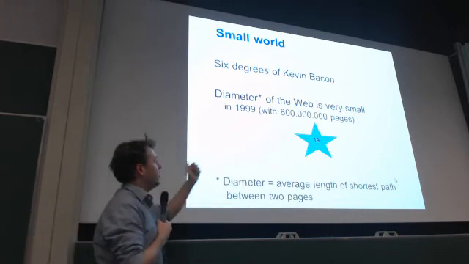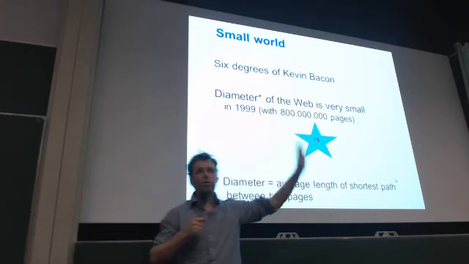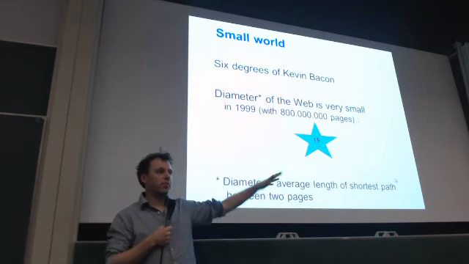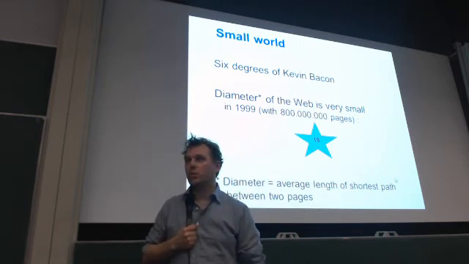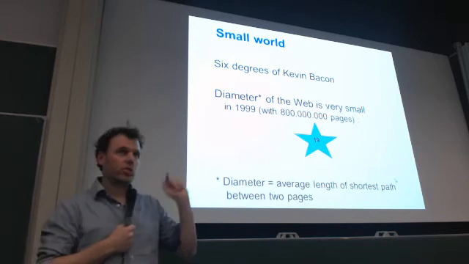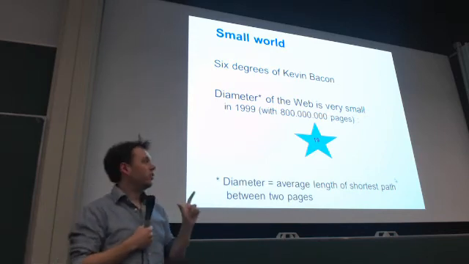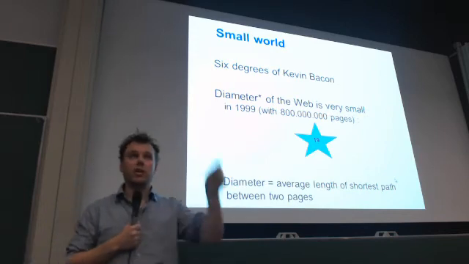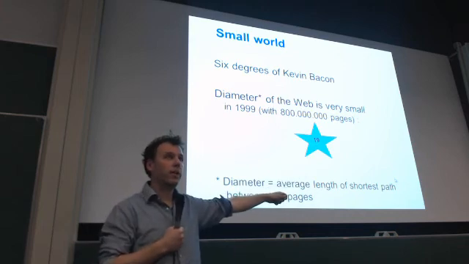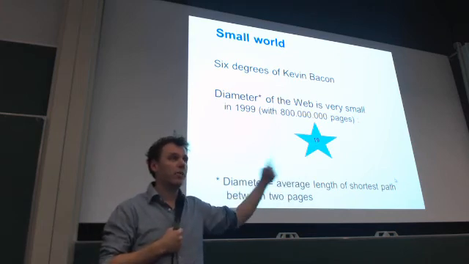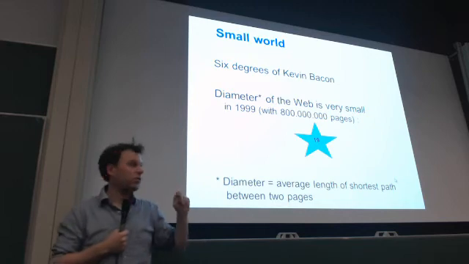In the case of web pages, on the whole World Wide Web with all its 50 billion Google-indexed pages or whatnot, the average shortest length between two random pages is 19 links. That means you can hop through hyperlinks in 19 steps from any one page to any other page, on average.